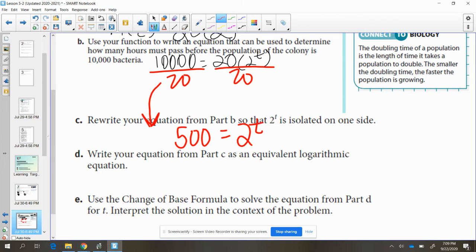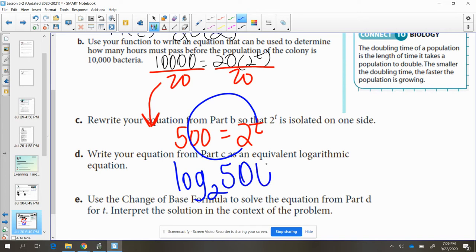And then we can rewrite this using our change of base that we talked about before, log with a base of 2, since the base of the exponential is going to match the base of our log, of 500 equals our time, right? So now you have some options.